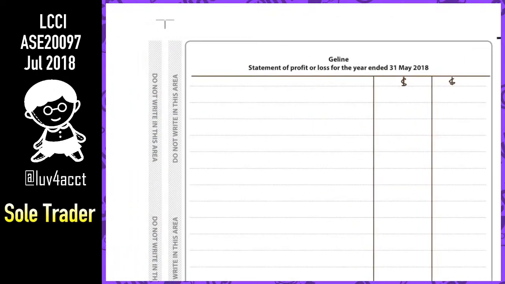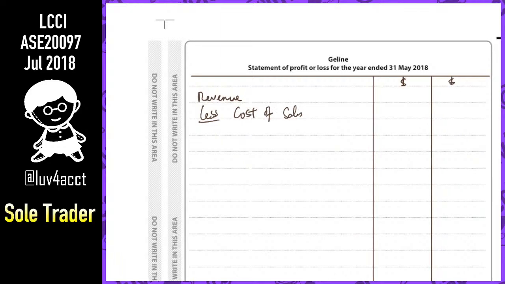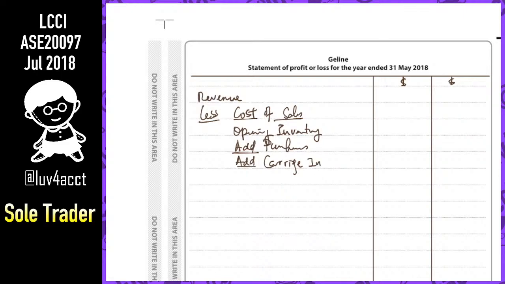Okay, so we will have revenue less cost of sales, opening inventory and purchases and carriage in, less closing inventory.